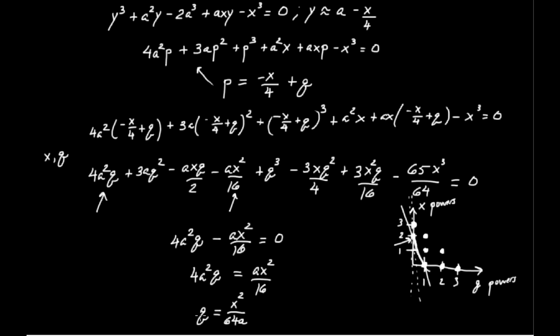Now what this means is that I've now obtained the quadratic term in this power series expansion. So now I add that to my approximation for y. So I have plus x squared over 64a. And hopefully you can see here that I'm building better and better accuracy for the behavior of this curve around the origin.